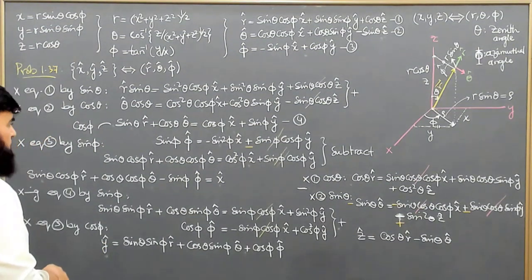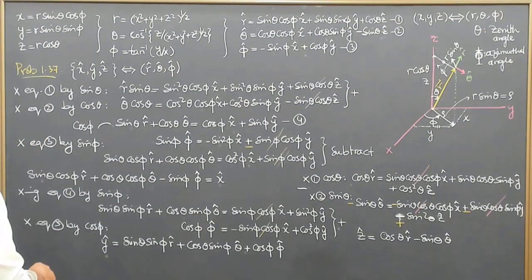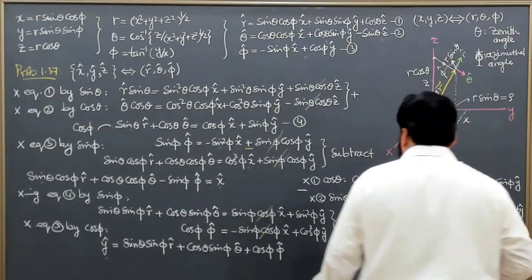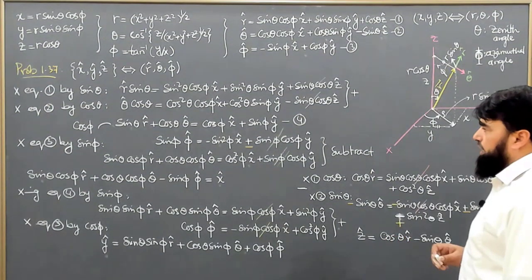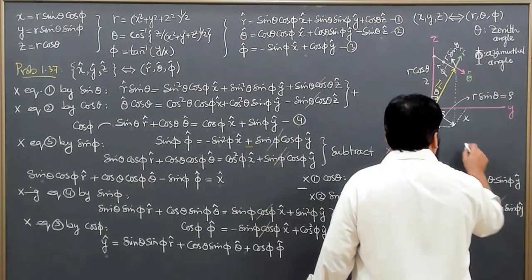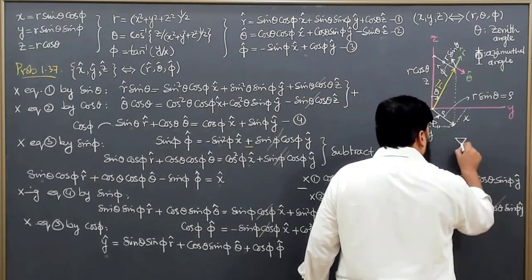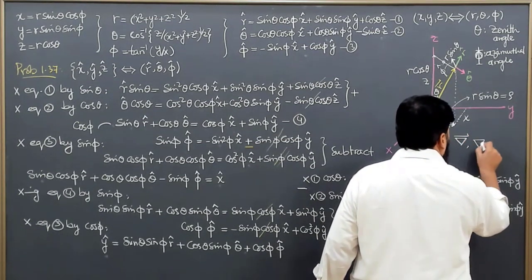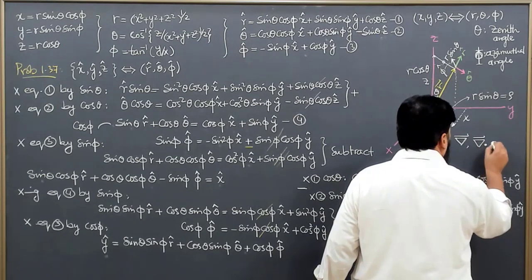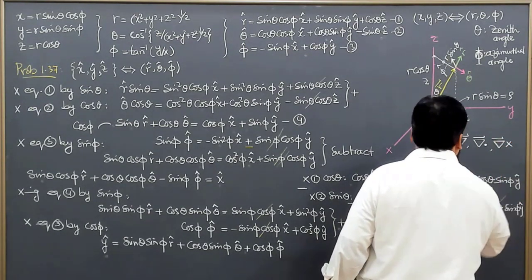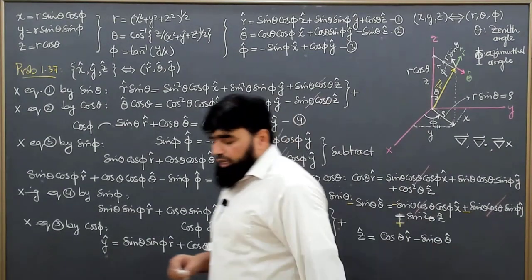Similarly, we know there are other derivatives: gradient, divergence and curl. We can convert them, for example writing the gradient, the divergence and the curl in spherical polar coordinates.